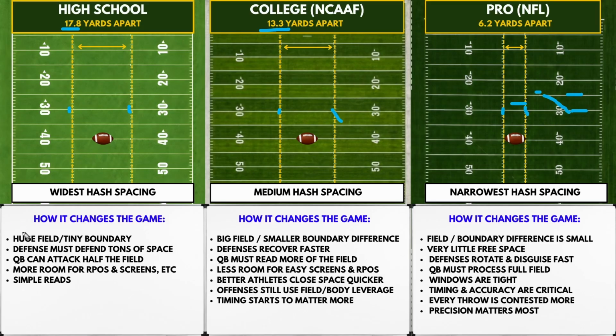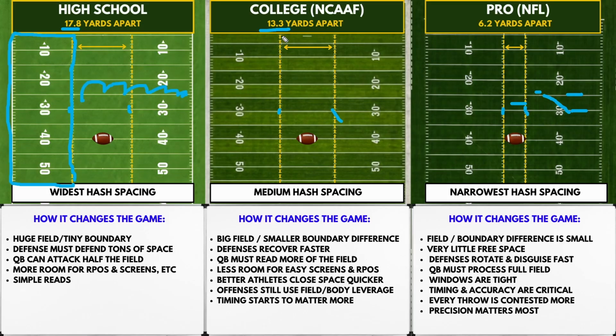And how does it change the game? Because with the high school game, there is a tiny boundary and a wide field. So boundary would be the narrow or short part of the field. So if the ball is anywhere on this left hash, this becomes the boundary, and everything else becomes the field side.